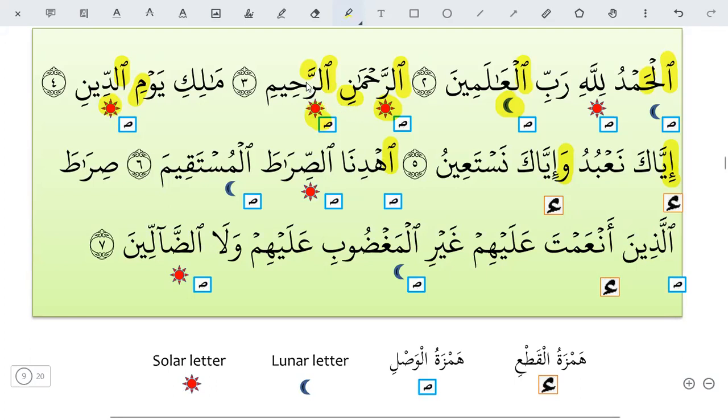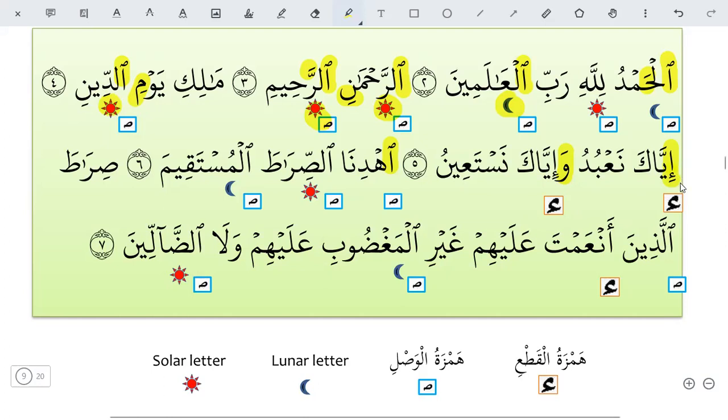Noon, we will pronounce with the ra. Maliki yawmiddin, same here. This is a solar letter. So meem, we will pronounce with the da. Alif and lam, we both will not pronounce here. Yawmiddin.